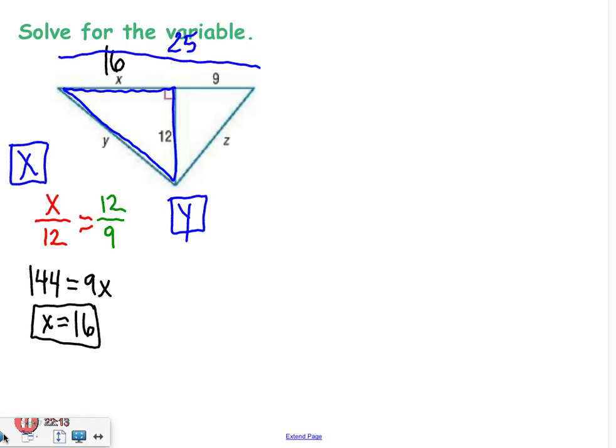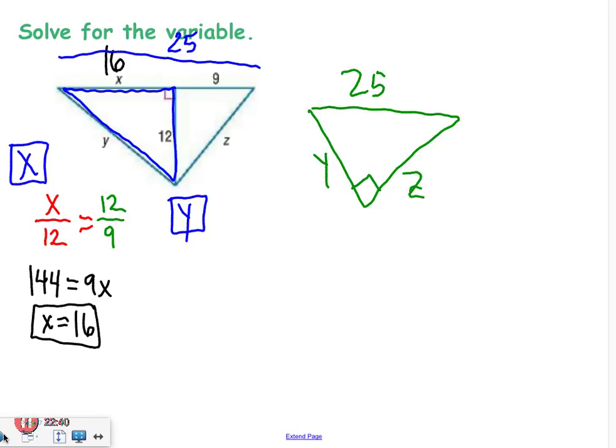Okay, on that big triangle, what is Y? The short or the long leg? Y on the big one, guys. 25, Y, and Z. Oh, short. The short leg?